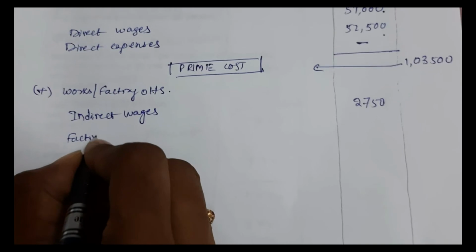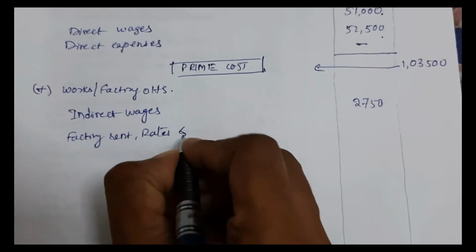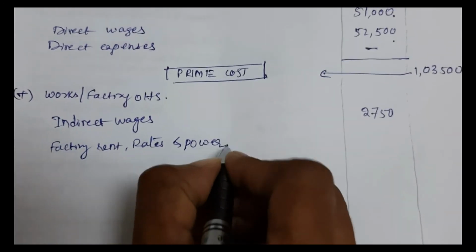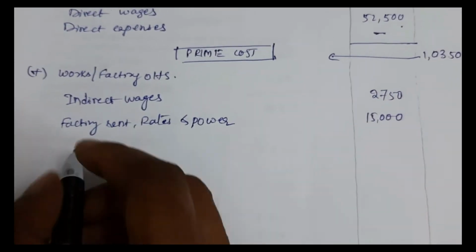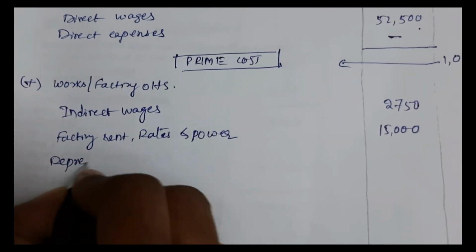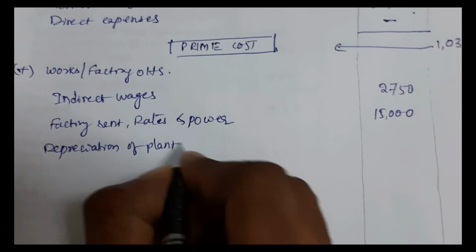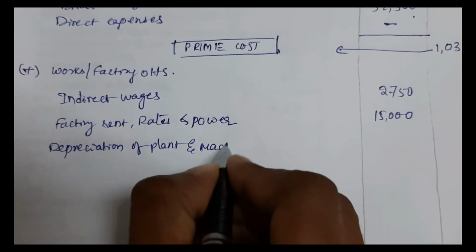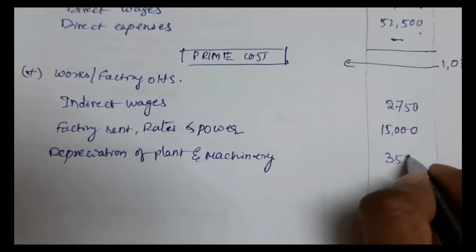Then factory rent, rates and power 15,000. Then depreciation of plant and machinery 3,500.